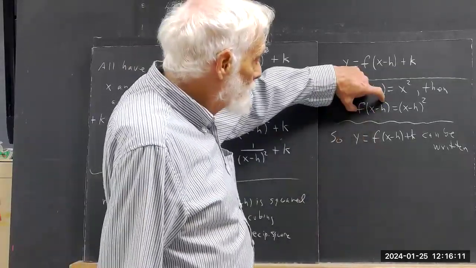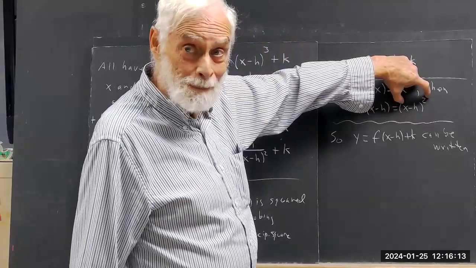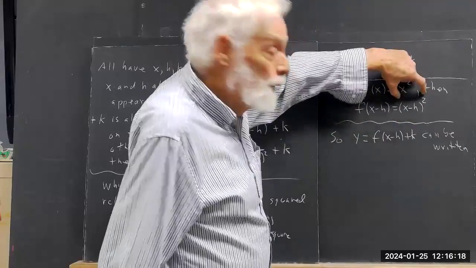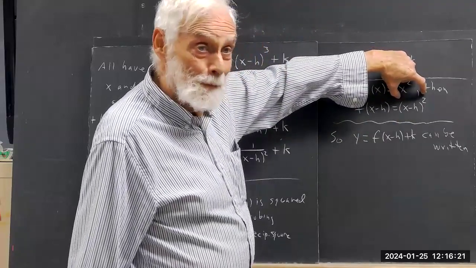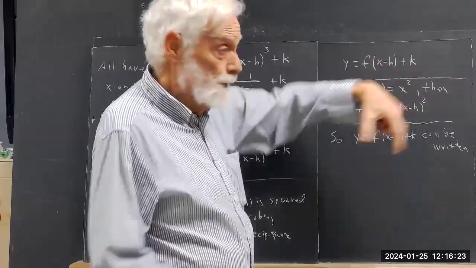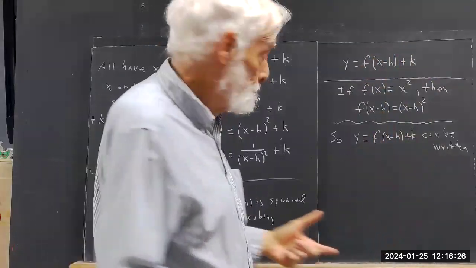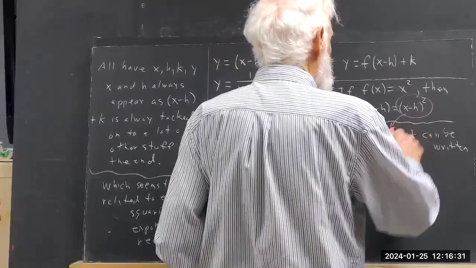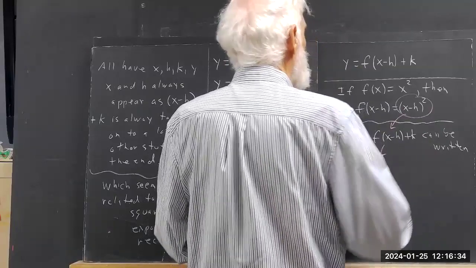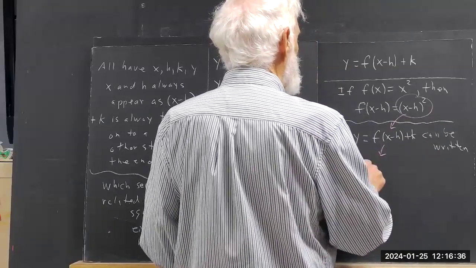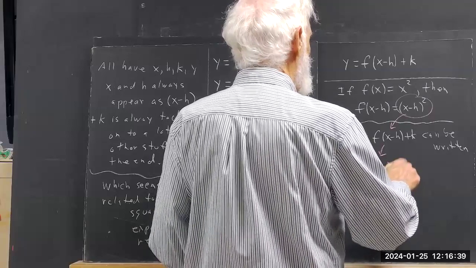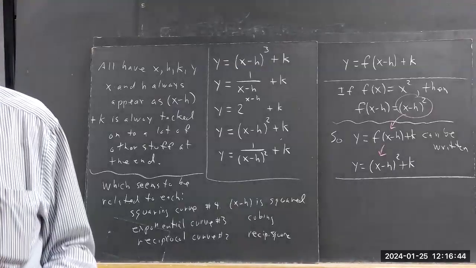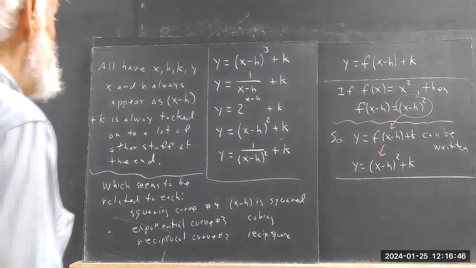Well, look, f of x minus h equals x minus h squared. So we just write this, but we're replacing f of x minus h with what it's equal to, right? You're replacing equals with equals. It's a fundamental thing that you do in algebra. So x minus h squared is the same thing as f of x minus h, so we get y equals x minus h squared plus k.